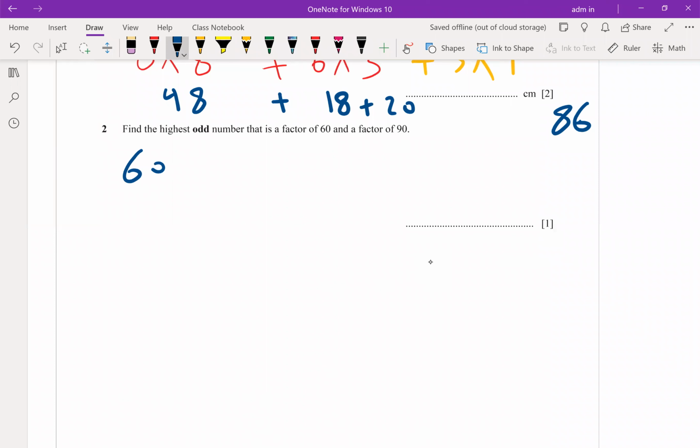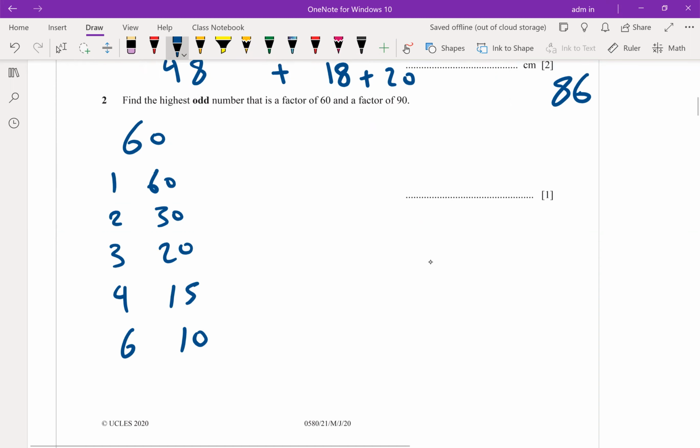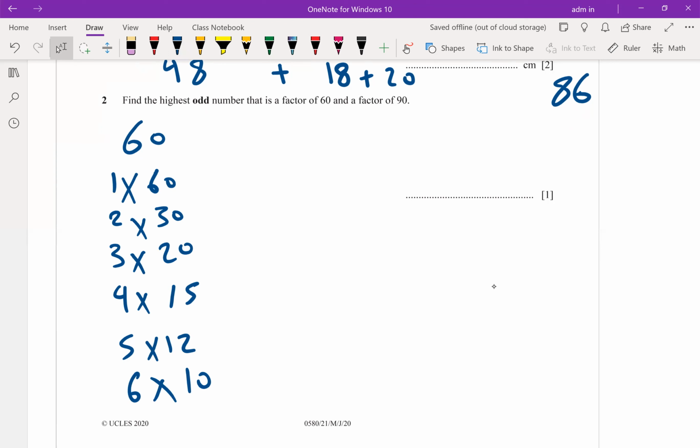Let's start first by listing all the factors of 60. 1 times 60, 2 times 30, 3 times 20, 4 times 15, 5 times 12, 6 times 10. 7, 8, 9: there is no multiplication for 7 already. So this is all the factors of 60.